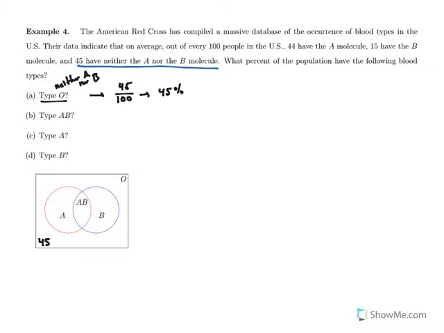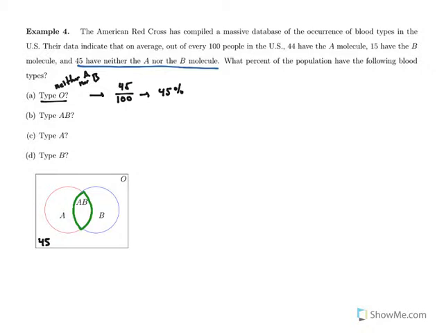Type AB is going to be our intersection. So now we have to do what we've done in the last few problems. So we know 44 have A, 15 have B, 45 have neither. So we got to think about the union here.